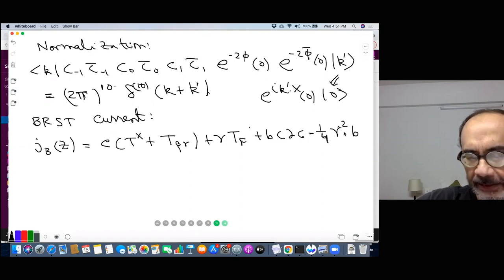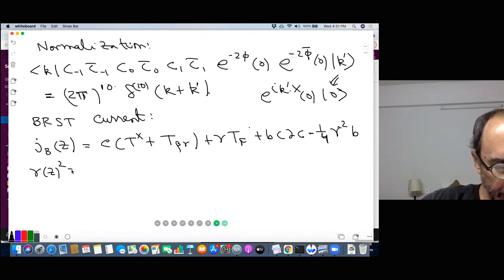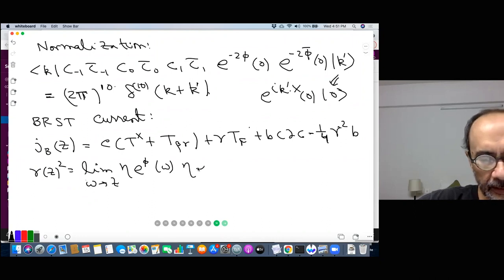But it's still good to work this out in the language of ξ η φ, because that's what is more useful. So let me do that here. γ(z)² we can think of as the limit w goes to z, η e^{φ}(w) η e^{φ}(z).